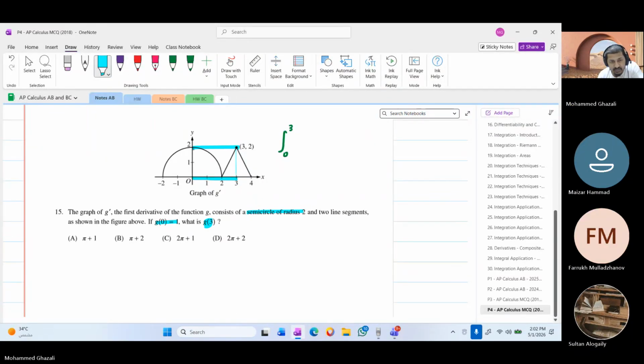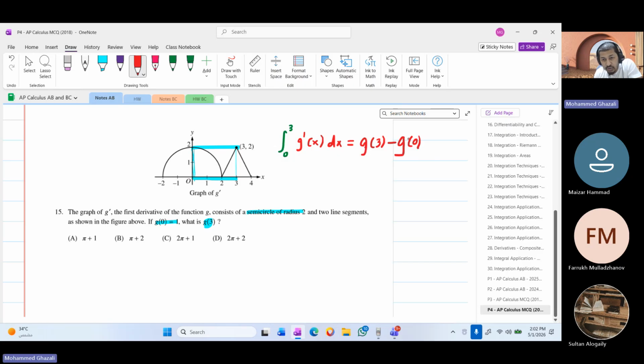So the integral from 0 to 3 of g prime x dx, by the fundamental theorem of calculus, is g of 3 minus g of 0. I should have used a small g here.